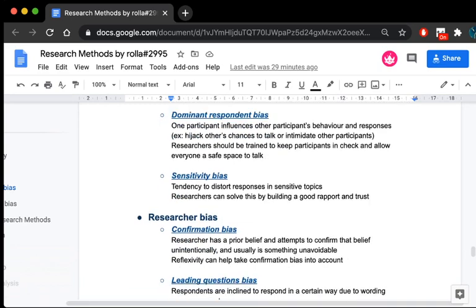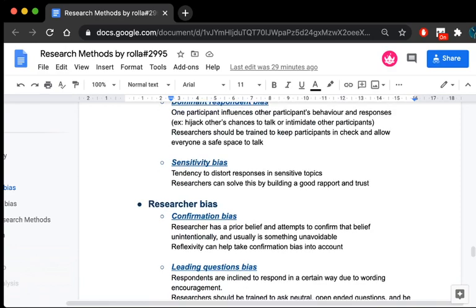And last, we have sensitivity bias, which is a tendency to distort responses on sensitive topics. Usually, when you talk about something sensitive, you might be more emotionally affected.